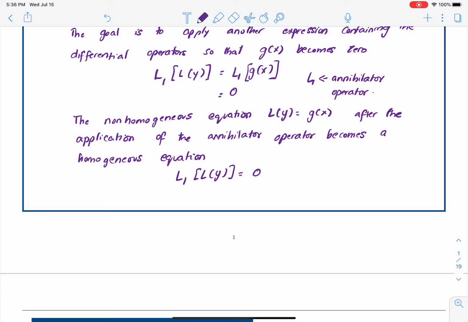And we know, solving a homogeneous equation is pretty straightforward. Once we find this, we can solve for the arbitrary constants, and if we want, we could find the particular solution.